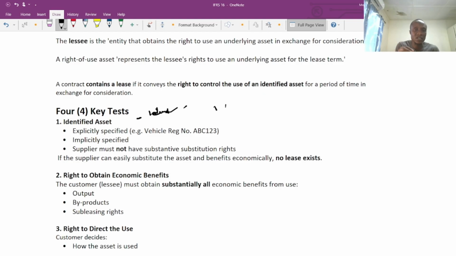And if you are looking at the definition of an asset, it is very important that the present economic benefit should be generated from the utilization of the asset. And this is an asset according to the lessee. Because when we look at the lessee accounting, the lessee will recognize the right-of-use asset in the statement of financial position.